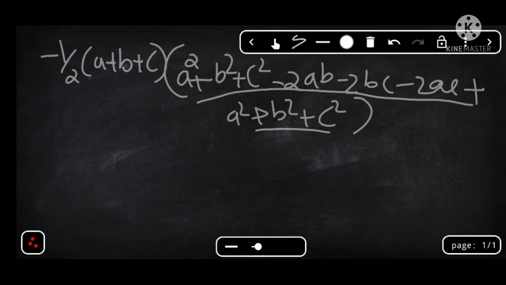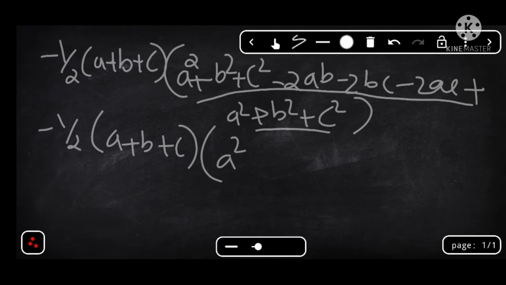So what is that? I'll just write in an order. So a plus b plus c. See, if I write a square plus b square minus 2ab, what is this? A minus b the whole square, right?